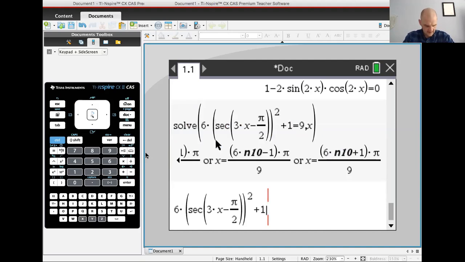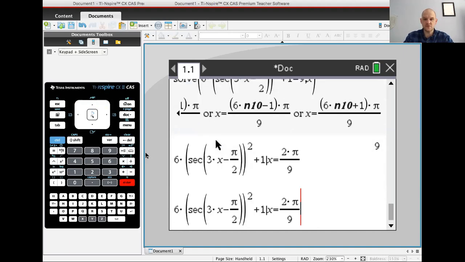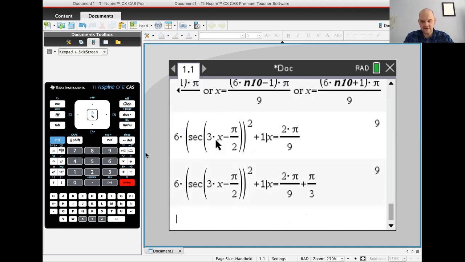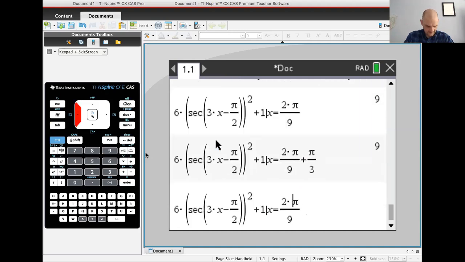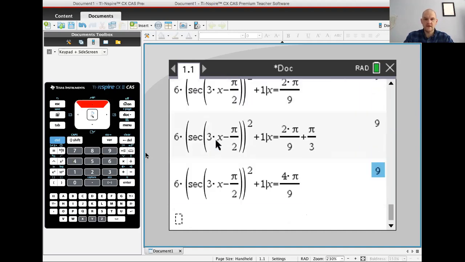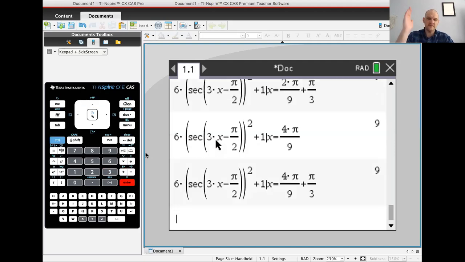Let's do x equals 2 pi over 9. Does this work? It's supposed to give us 9, so it does work. What if I add pi over 3 to that? It still works. All right, so that means that formula is working. Now if we go here and do 4 pi over 9, and then if we add pi over 3 here, that works.